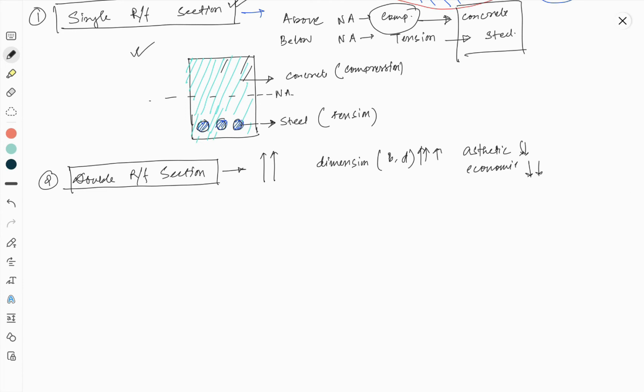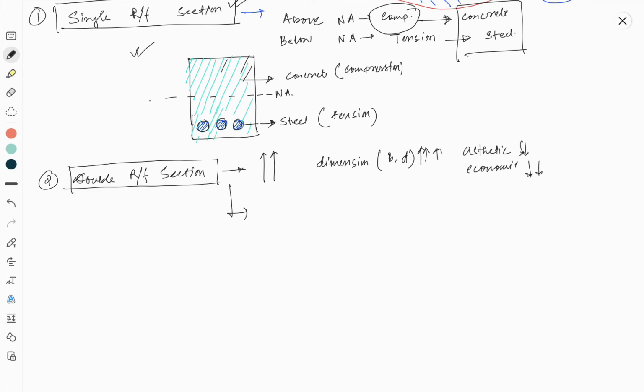We make some modification to limit the dimensions. Listen to it carefully.